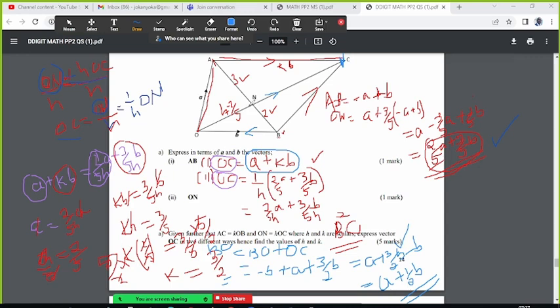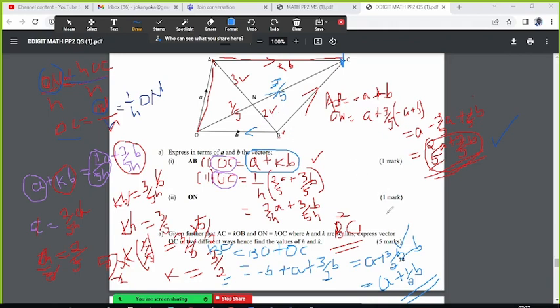This is external division. If from O to N is 2 over 5, what will remain is 3 over 5.